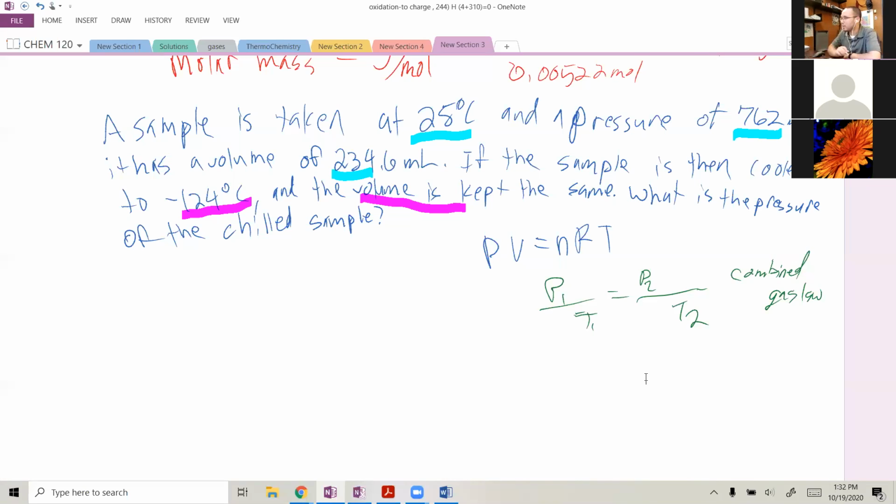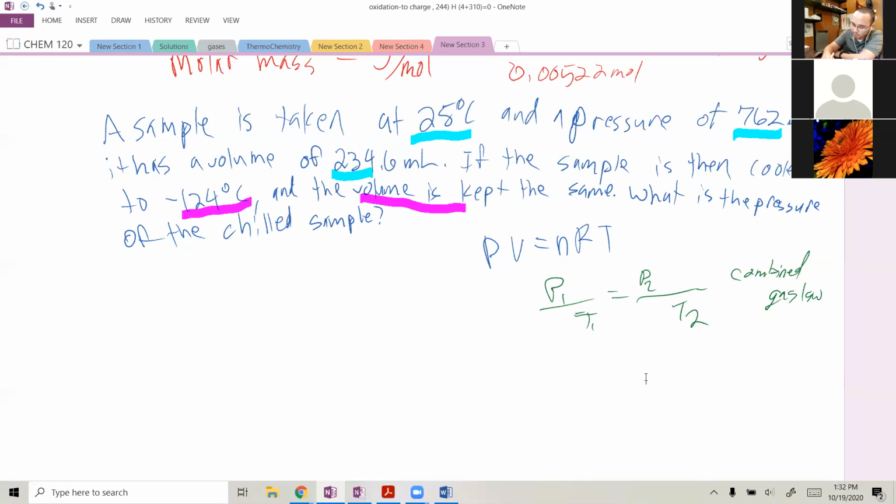So looking at this, we need to update for our different sets of conditions. It doesn't matter which one is P1 and which one is P2, but we need to make sure that they match. In this case, I'm going to take my 25 degrees Celsius as our one condition, and my negative 124 degrees Celsius is going to be my second.